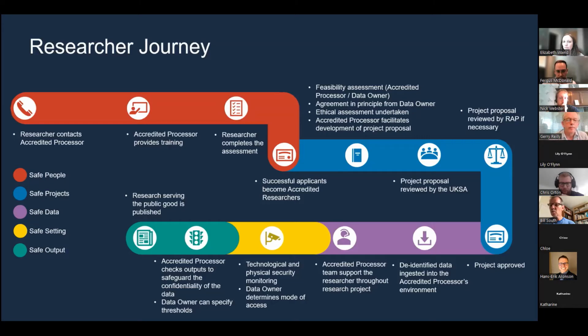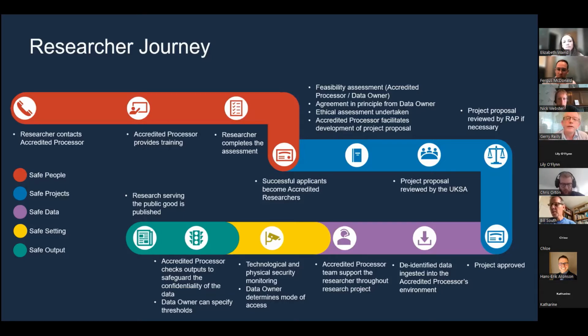As Lily's described, the project approval process takes you through to the point where the project's approved, and then we move into the purple, which is the safe data. All data in the SRS is de-identified. Okay, so we hold no names and addresses, no email addresses, no telephone numbers or ID numbers that could directly be used to identify a person.